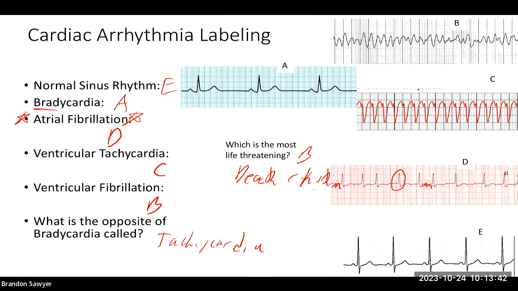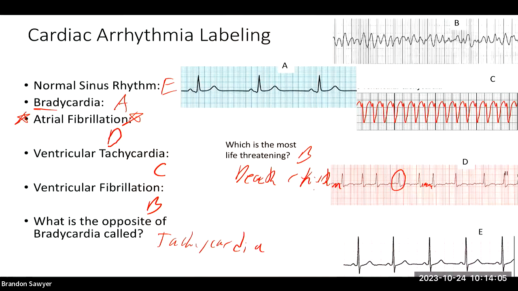Why is VFib the death rhythm? Because you don't get any blood pressure with it. There's no time for filling. The ventricles are doing the same thing, just quivering, contracting and sending out little spurts of blood, but there's not enough time between beats for the heart to fill up.